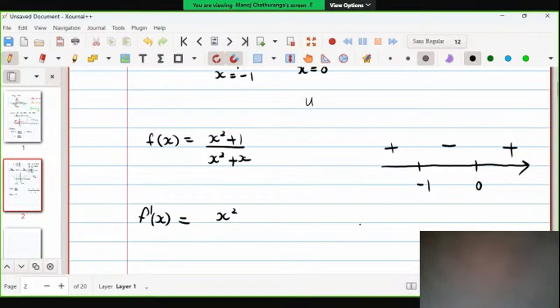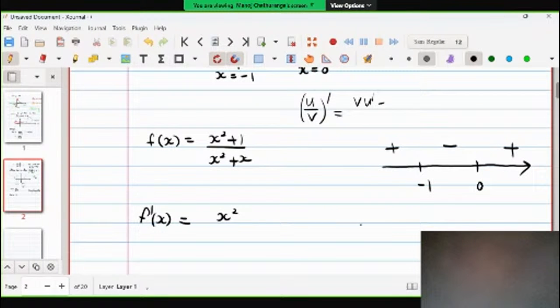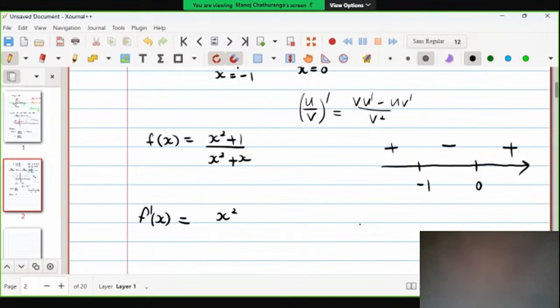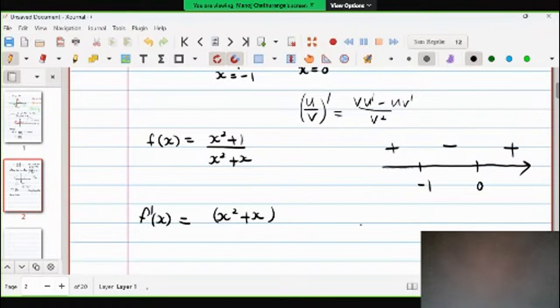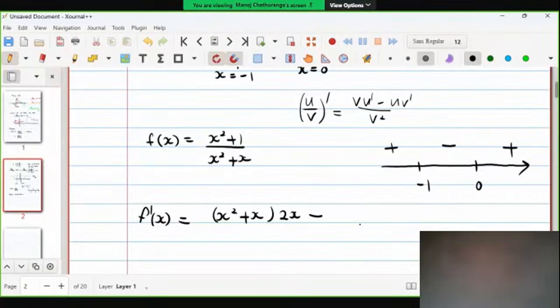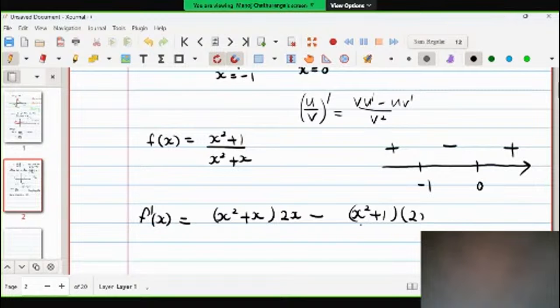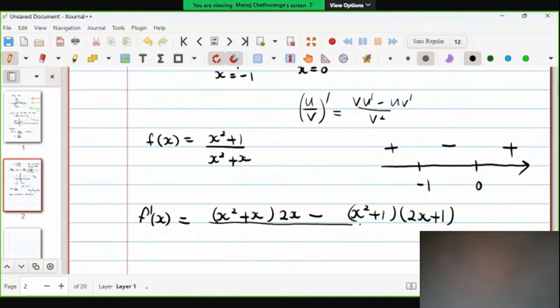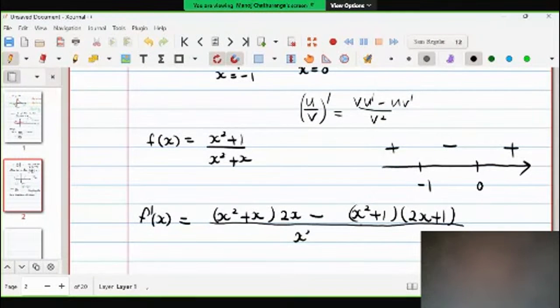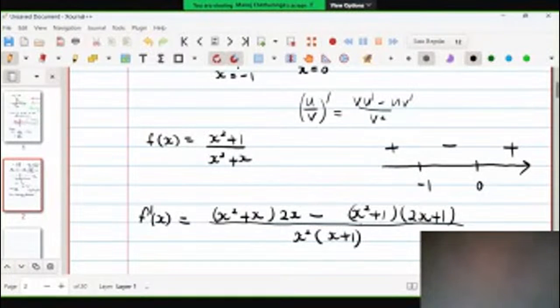So this is like u divided by v, so u prime v minus u v prime, divided by v squared. So x squared plus x times derivative. The numerator is 2x minus x squared plus 1 divided by 2x plus 1, divided by x squared, x plus 1 squared.